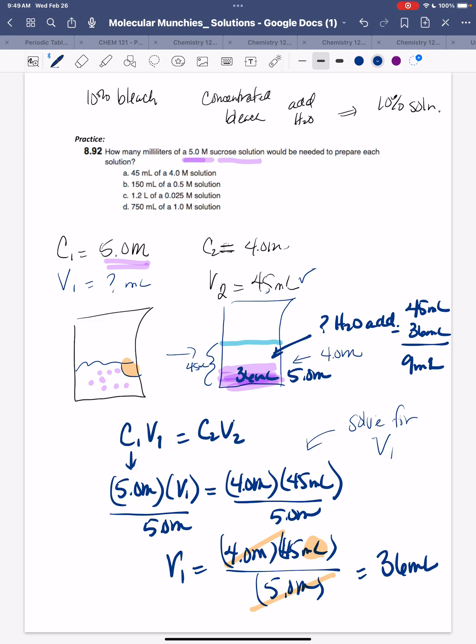If we subtract those, we know this is going to be 9 milliliters for a total volume of 45 mils. Okay, so that's the game that you're going to play. You can practice that right here, and again I'll let you guys practice those so that we have those answers for you eventually.